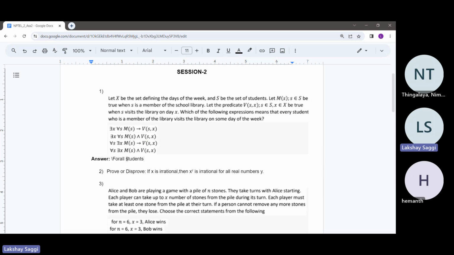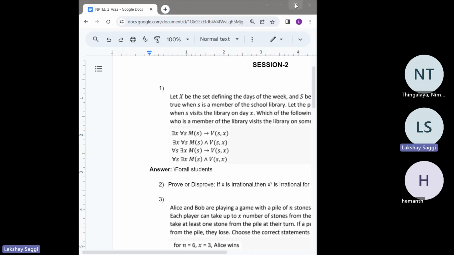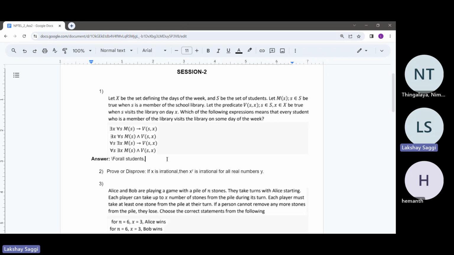So for all, what do we want? Let me just type it out. Maybe I should write "for every student" because "for all" becomes a bit confusing.